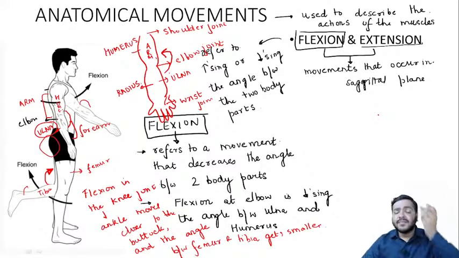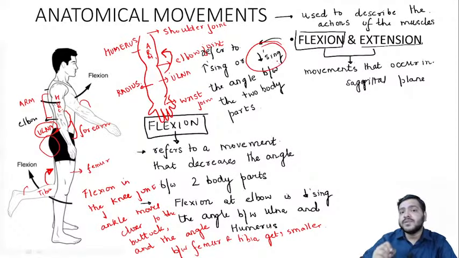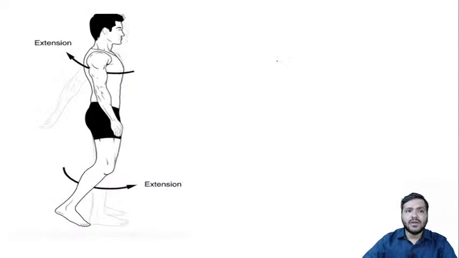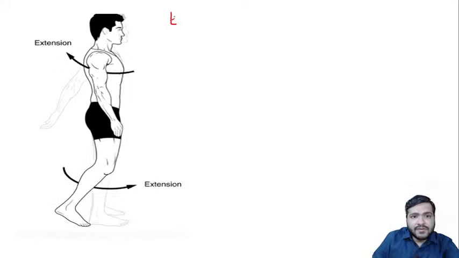So flexion is something which aims to decrease the angle between the two body parts. Now we will understand extension, and write it down.